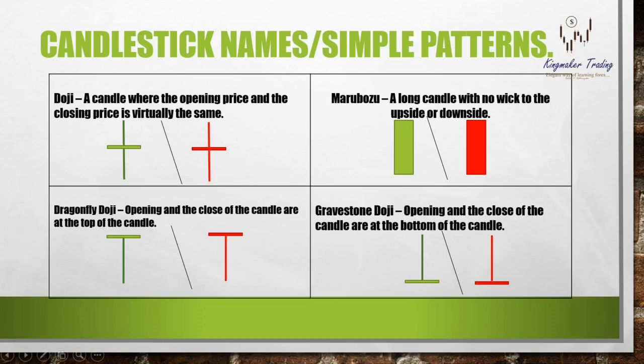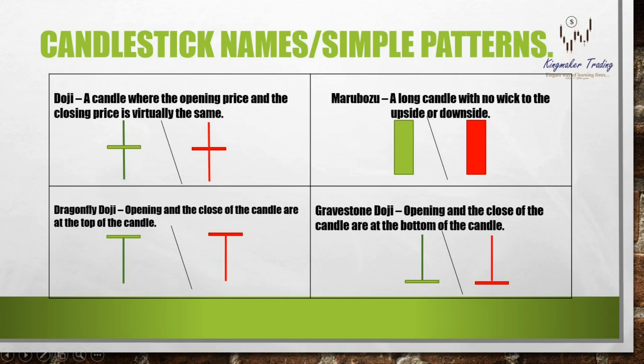Now let's move on to the second candle. These types of candles are called marubozu, whatever. They are Japanese names. I don't know how to exactly pronounce them. Okay, a long candle with no wick to the upside or downside. You can see in the picture that these candlesticks have no wicks, right?